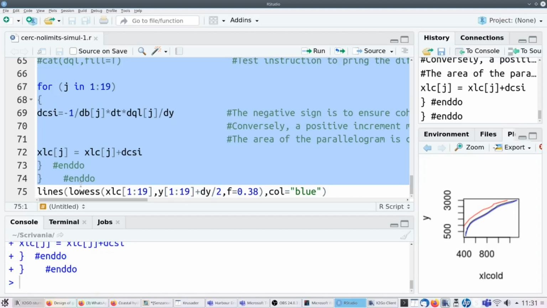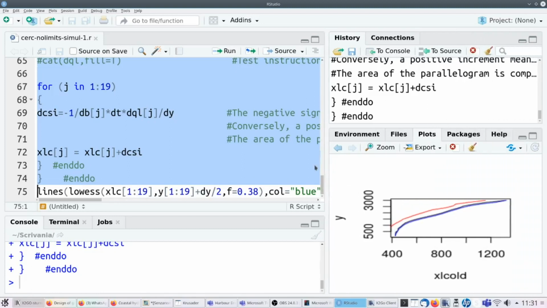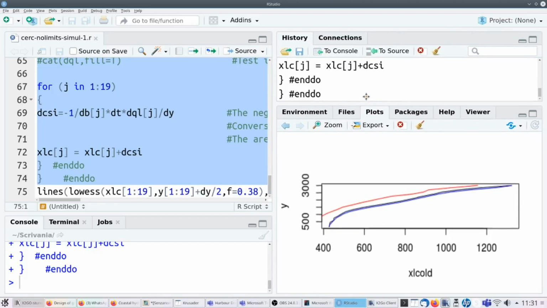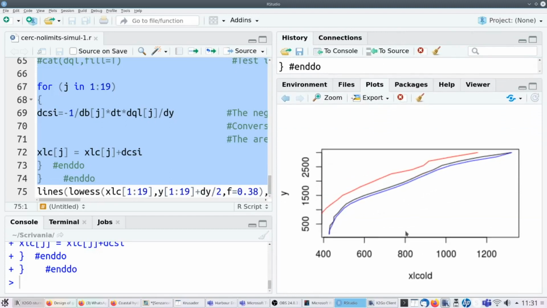Now the last instruction, it's a plot of the new position of the coastline. Let me expand the plot window. The problem is that in the plot window now I have a blue line which I put by my initiative. I need to remove it. So let's redraw the plot with only the black and red line.